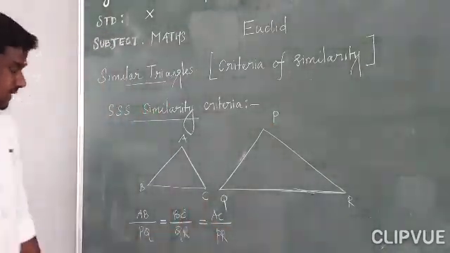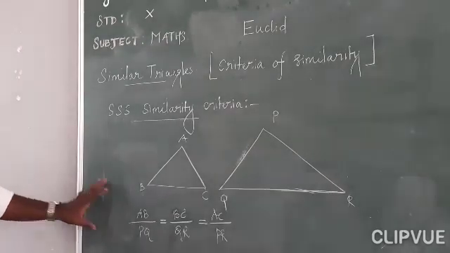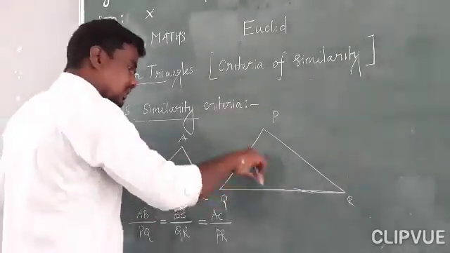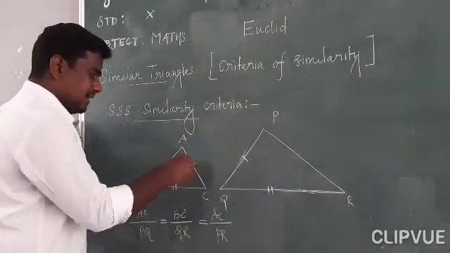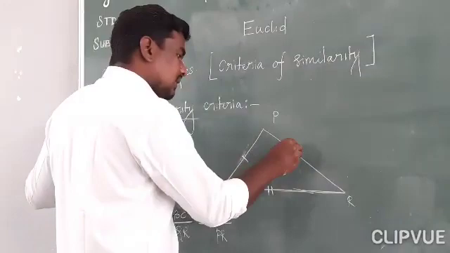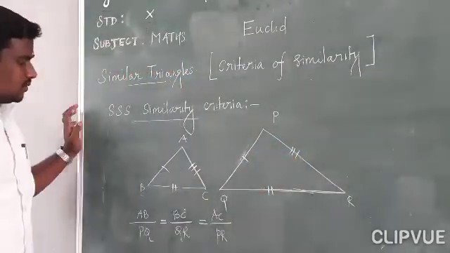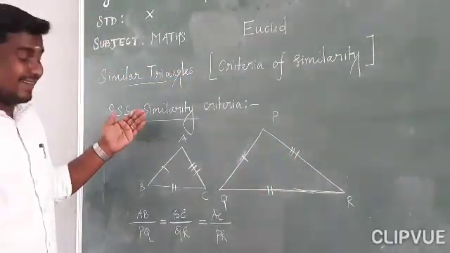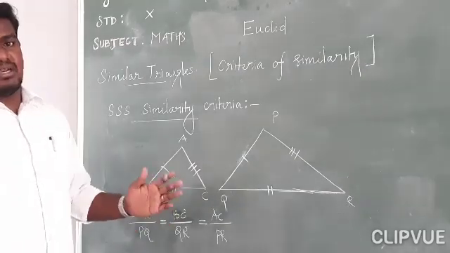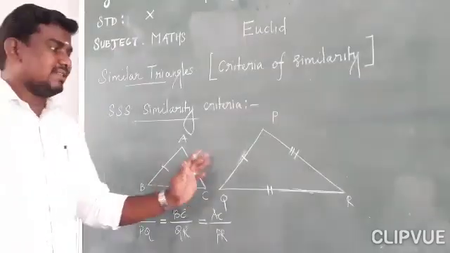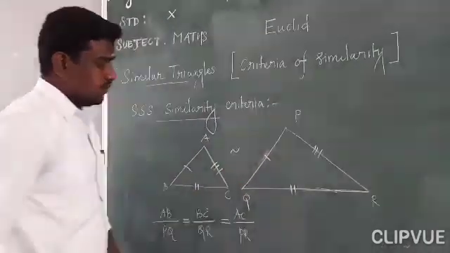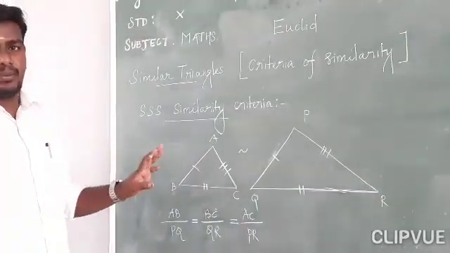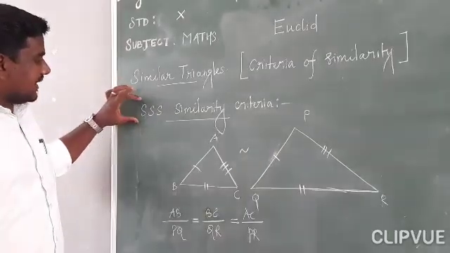What are they? Corresponding sides proportional. AB corresponds to PQ and BC corresponds to QR and AC corresponds to PR. Okay, so the two triangles, their sides are proportional, which means we can say the two triangles are similar. So ABC similar to PQR. This is the third property.